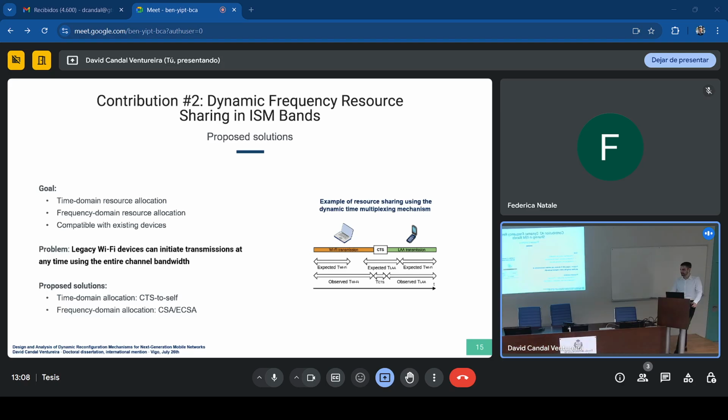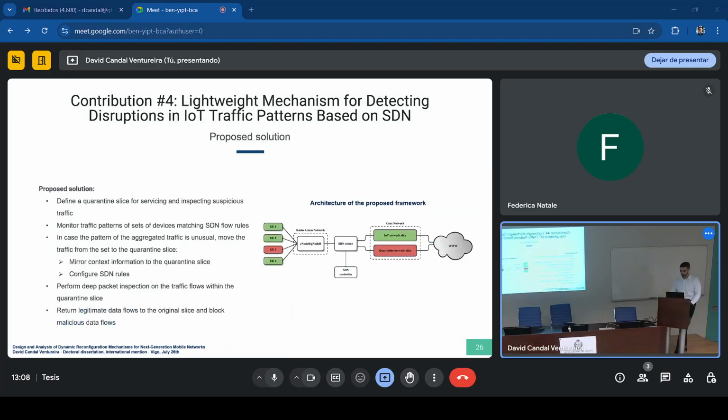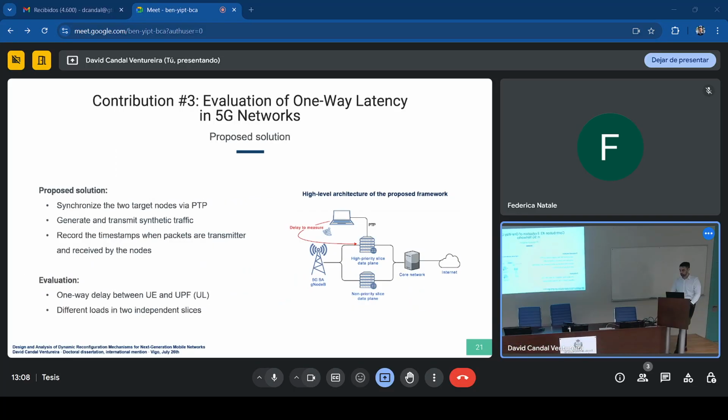Okay, and I have a question in chapter 5. You propose a method to evaluate one-way latency, and I wonder what operators are measuring right now. Do they have something to get this information? The thing is that this arose because we had a problem with our own network.